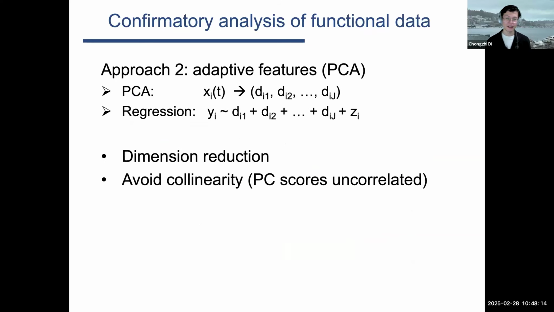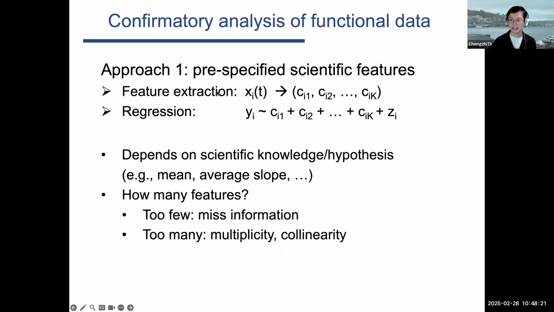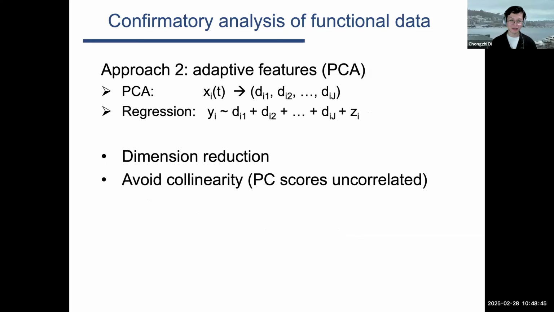Also, since the features are data adaptive, they are population dependent in the sense that if you do a PCA on one particular data set, you extract a few features, principal components. But if you wanted to apply the similar method to different populations, you might extract a different set of features, right? So those probably would not extend easily across populations.